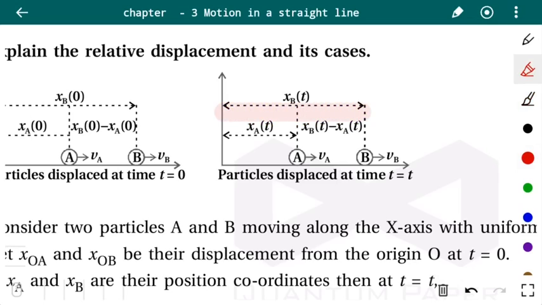Here xbt is the position of B with respect to the reference point, and xat is the position of A with respect to the reference point. The difference between xbt and xat gives us the distance between A and B, that is xbt minus xat.